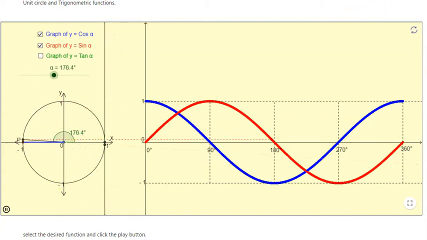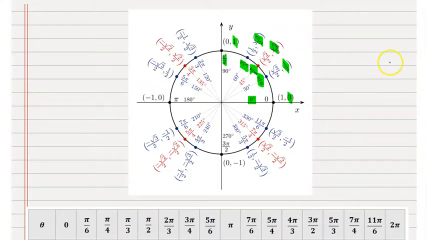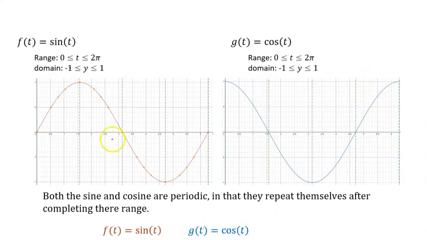So it's always repeated. In summary, what we found today is that we can express the sine and the cosine ratios not as ratios, but rather as functions. And when expressed as functions, this is what they look like. Both of them have a domain of 0 to 2 pi radians, and both of them have a range of -1 to 1 on the y-axis.